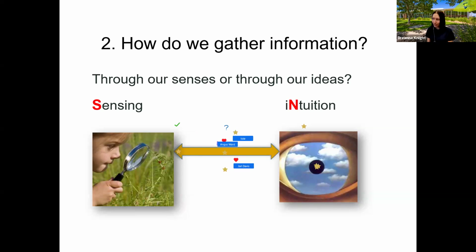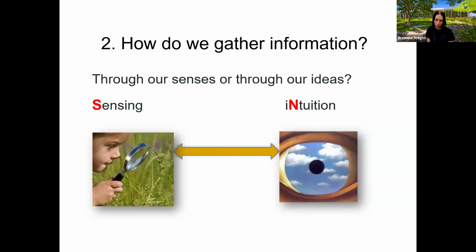People in the middle, unsure, or maybe feel confident that you're both. Interesting. A few more people sort of on the intuition side, maybe. All right, I'll clear this one.